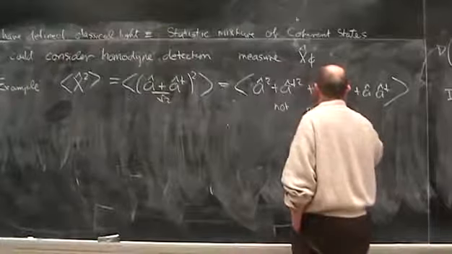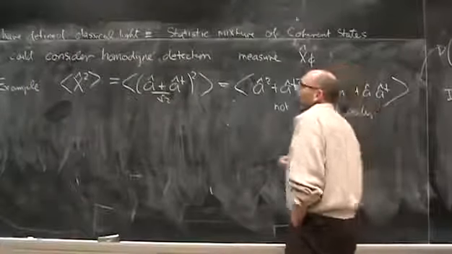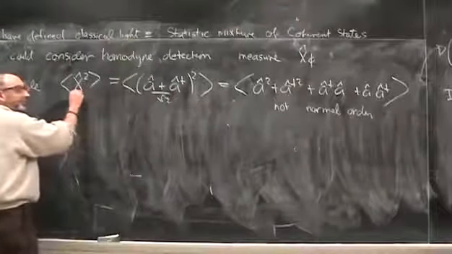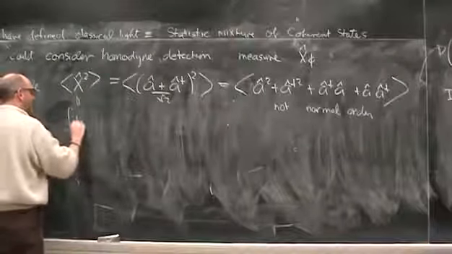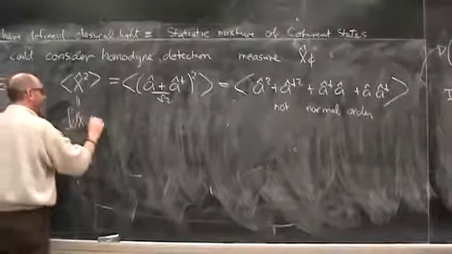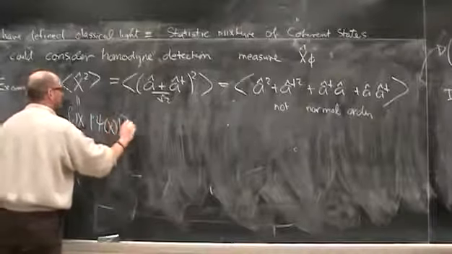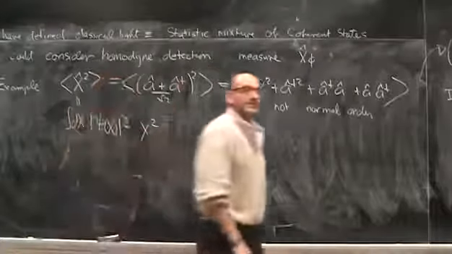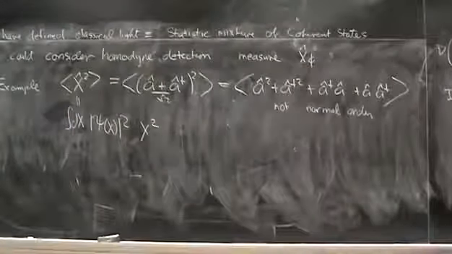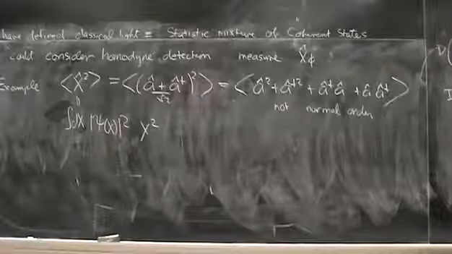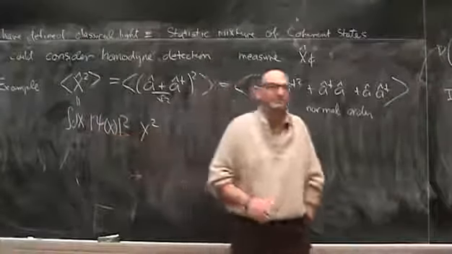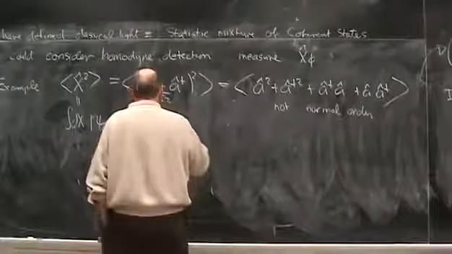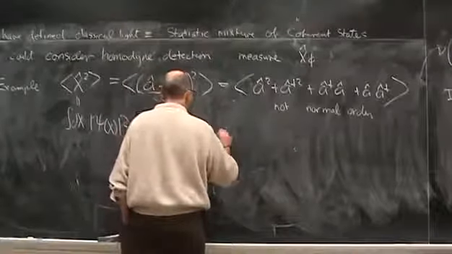In fact, we know from quantum mechanics, I could write this object as the integral, in the x representation, of the square of the wave function. And for a squeezed state, for the squeezed quadrature, this is a Gaussian.